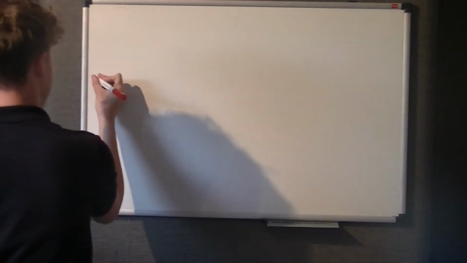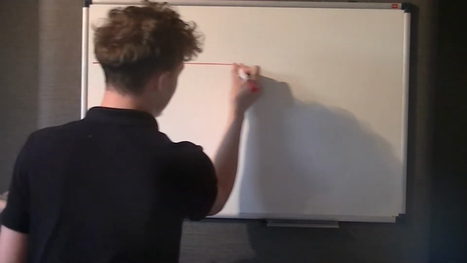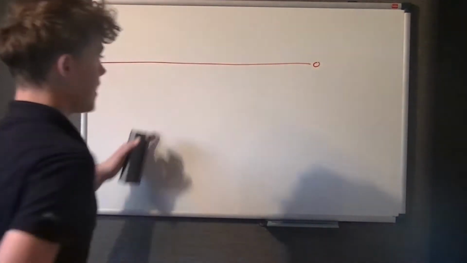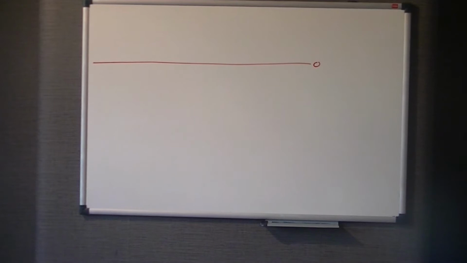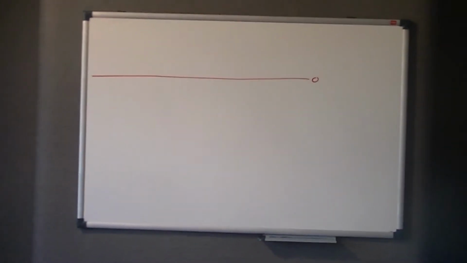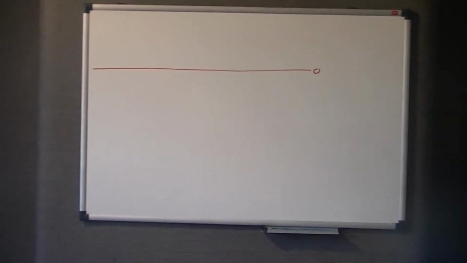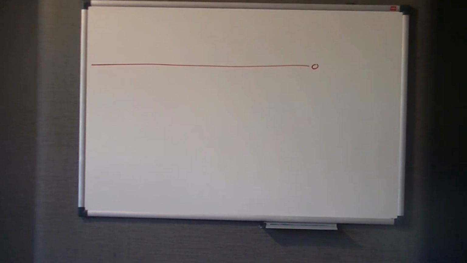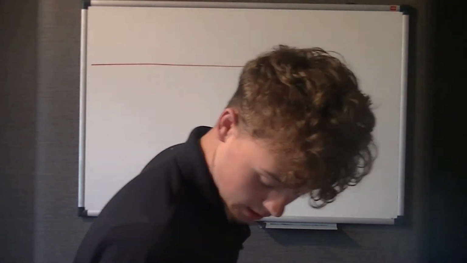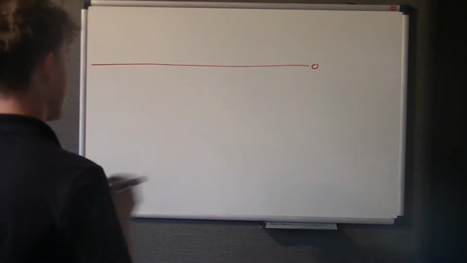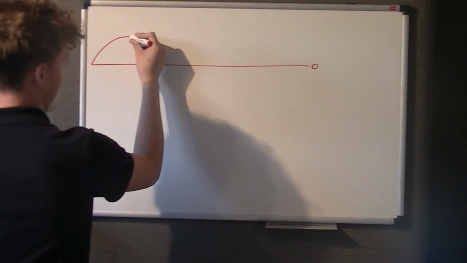So the first thing we need to do is draw a baseline for the wave. This is your baseline, which I've drawn on the board. Let's see if you can see it. Yeah, you can, a big red line across the screen. In red, this is going to be our first progressive wave.